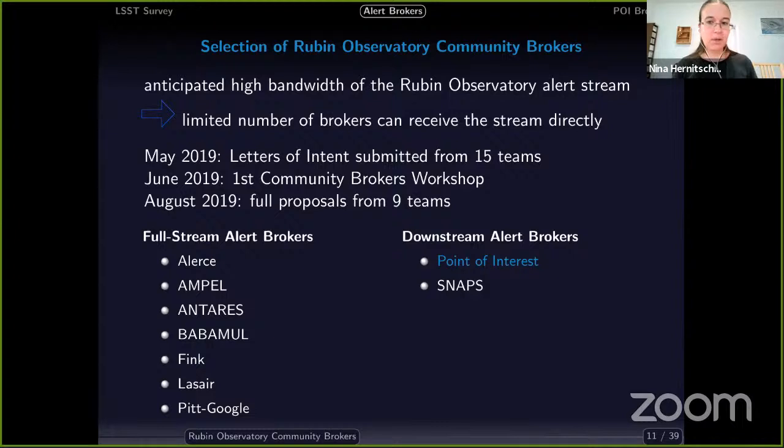There are 2 of them, and I'm working on a point of interest broker, which will get its stream from ANTARES. I will also talk a bit more about how this specifically works later on, but this here is just an overview of how the broker systems interact with each other and how they're interacting with Rubin Observatory.